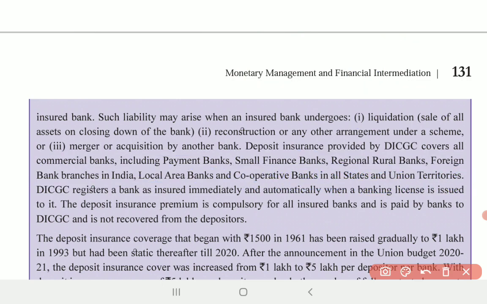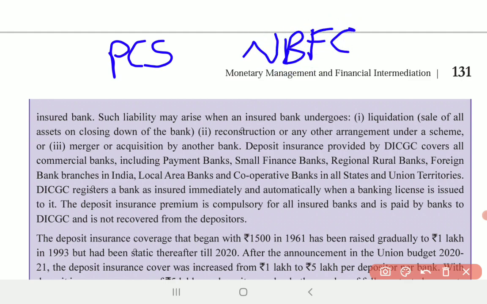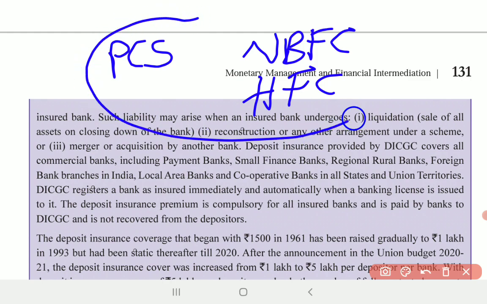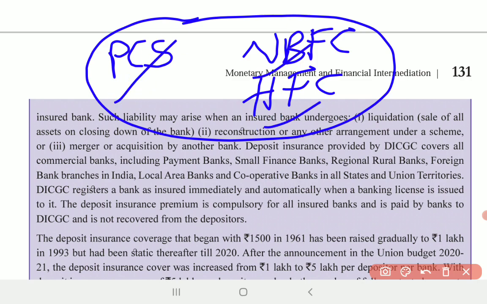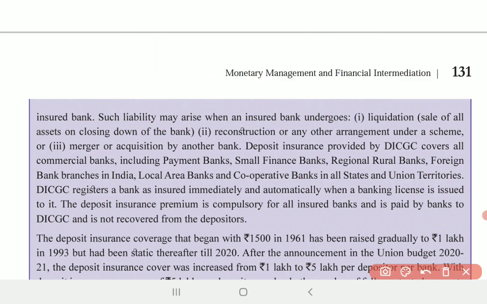But you have to understand that deposits in primary cooperative societies, NBFCs, housing finance corporations or a corporate entity are not insured by DICGC. So when these entities fail, the DICGC will not pay the depositors.